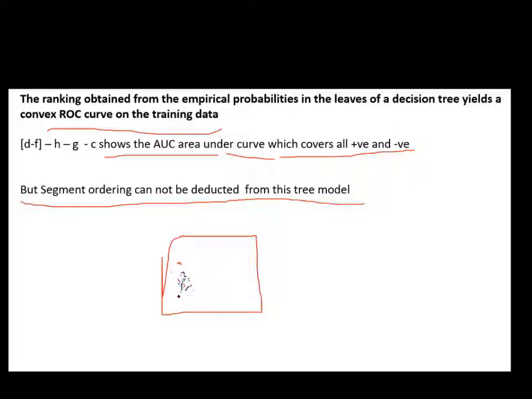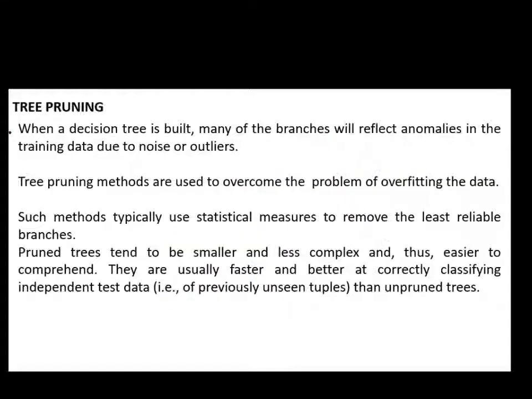Now, for that, what do we do? This is called tree pruning. When a decision tree is built, many of the branches will reflect anomalies in the training data due to noise or outliers. Tree pruning methods are used to overcome the problem of overfitting the data.